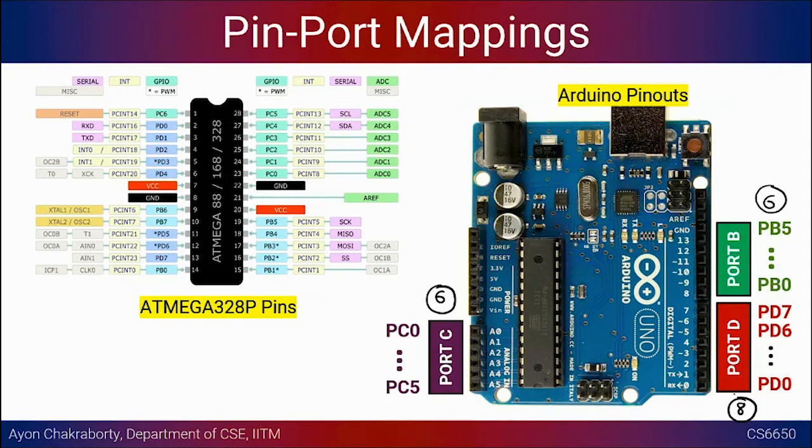Okay, and on the left hand side you can see the corresponding Atmega 328 pins, right? So some of these pins have multiple functionalities. For example, if you see pin number 27 and 28, they belong to port C. They can be used to do digital input output, right?